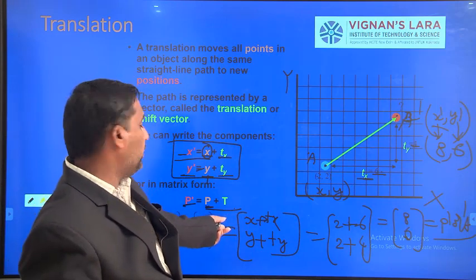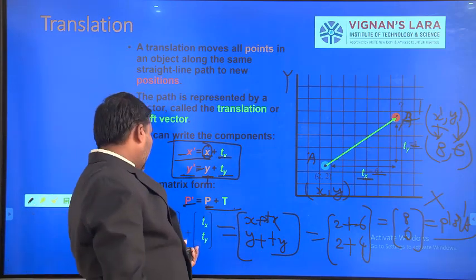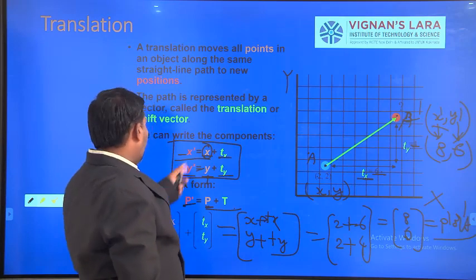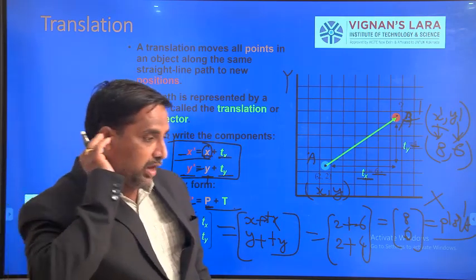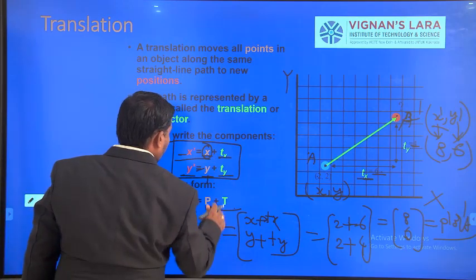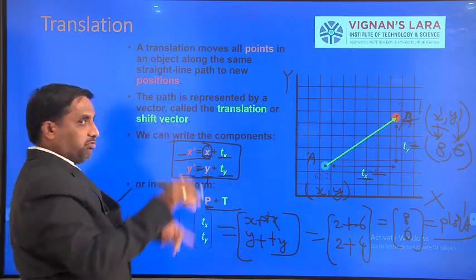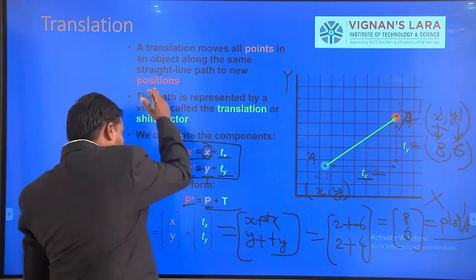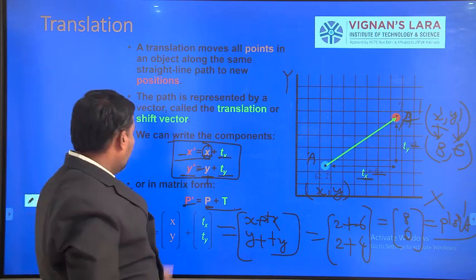What matrix algebra have we used here? Here we have used matrix addition. Remember all of you, first represent the initial coordinates and translations in matrix form. Suppose initial coordinates x comma y, you represent in column matrix as x y.